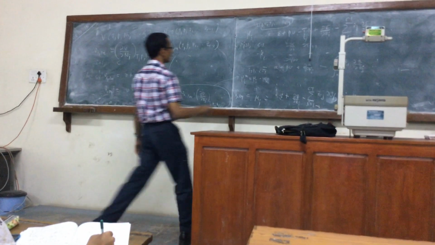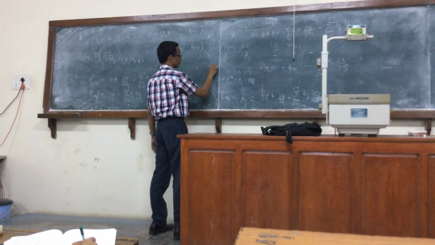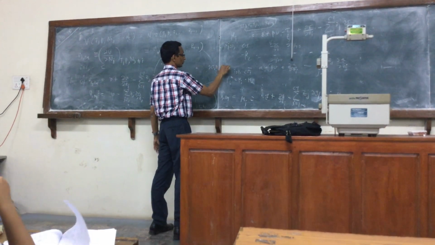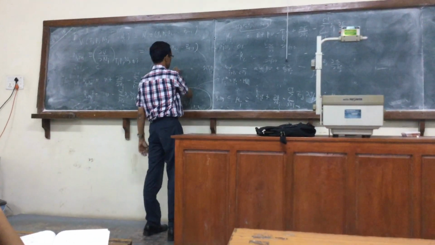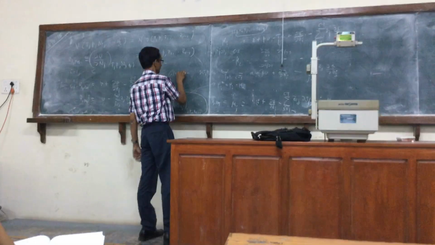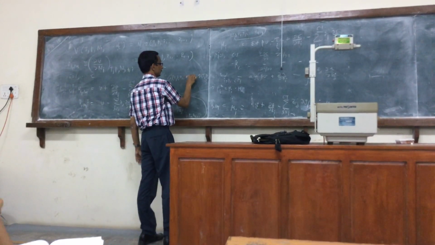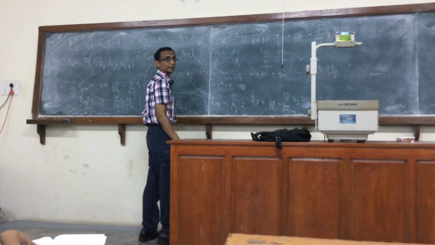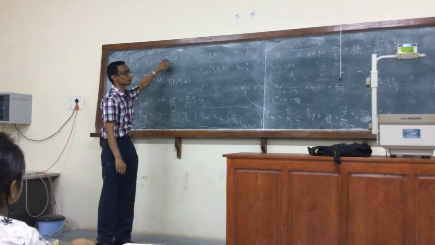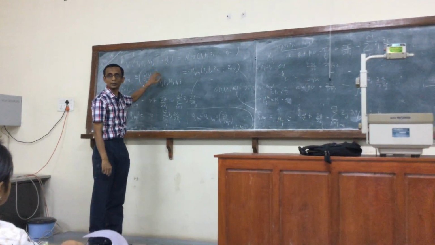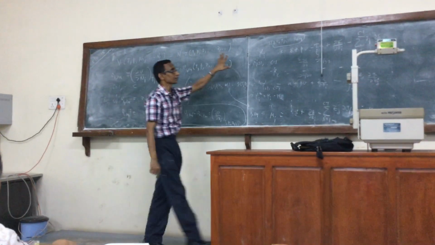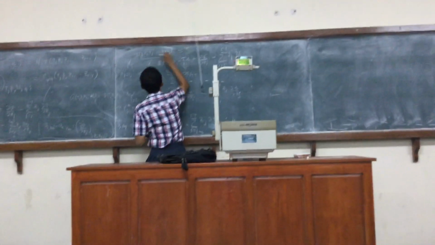But I could have directly started with G of T, p and N1 to NC. And I could have got this directly. That's what I have to do if I want to get this directly for any extensive property, partial property. That's the transformation I have to do. Here I did this.